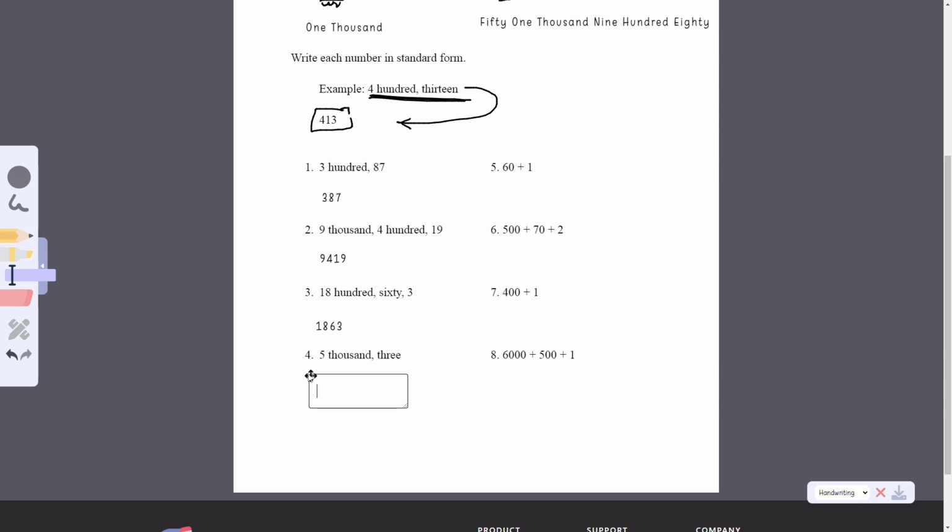Number 4, 5,003. 5,000 plus 3 is 5,003. Number 5, 60 plus 1, 61. Number 6, 500 plus 70 plus 2, 572. Number 7, 400 plus 1. 400 plus 1 is 401. Number 8, 6,000 plus 500 plus 1 will be 6,501.